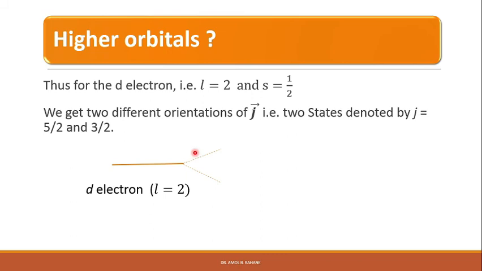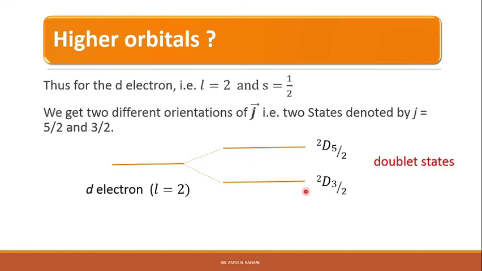Therefore we get two different energy levels, denoted by 2D 5/2 and 2D 3/2, where the superscript 2 means a doublet state, D means the d electron or L equal to 2 level, and 5/2 and 3/2 are the total angular momentum quantum number values.